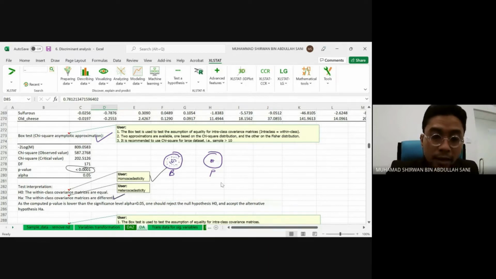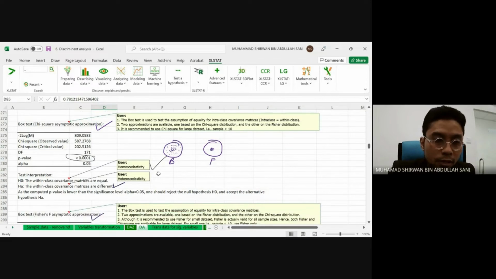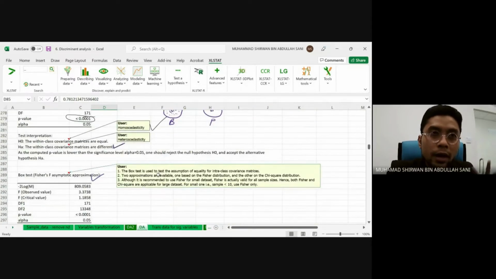Remember that we talked about it, even though we can conduct transformation, it will not simply treat all of these prerequisite requirements that we shall treat. Sometimes it still cannot be normalized, so we have to accept this data. This is just to show why sometimes after conducting transformation we still get heteroscedasticity.